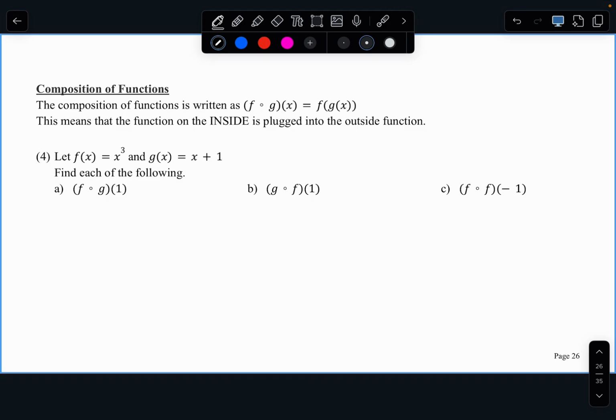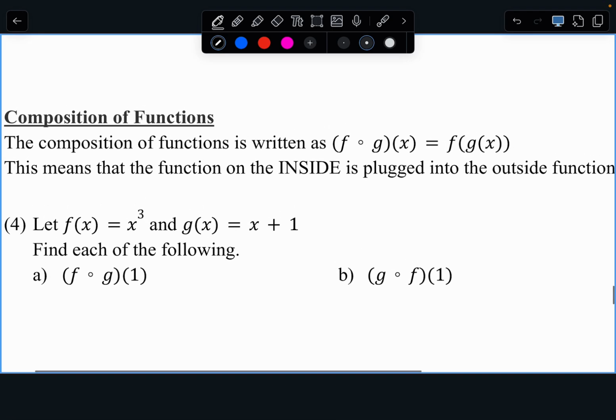Composition of functions. It's like function inception. You're putting a function in another function. This open piece here, you see how it's like an open circle? This means a composition.